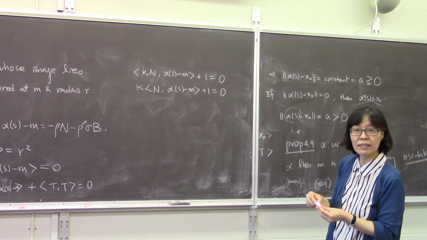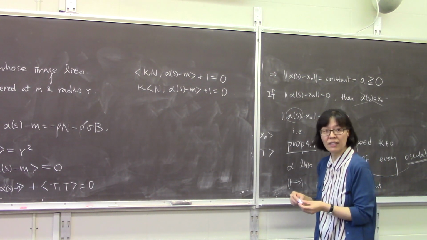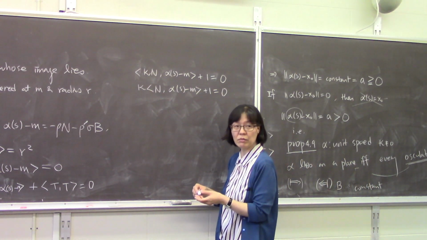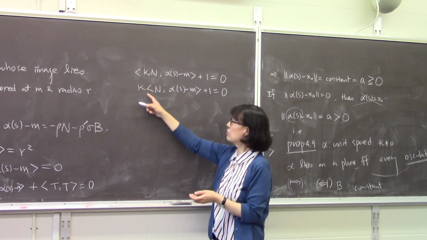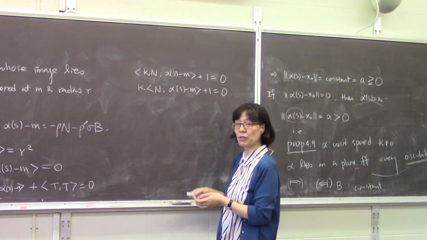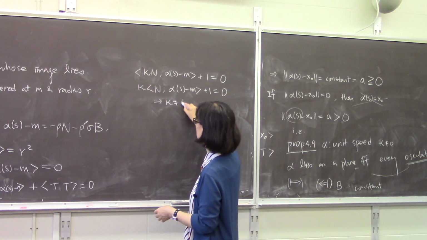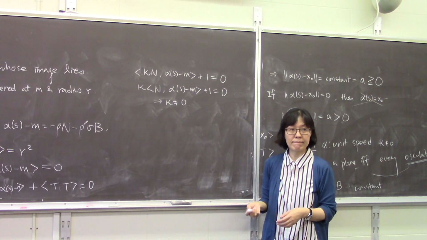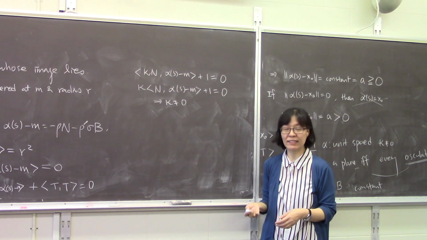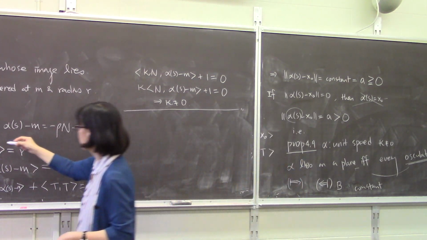Right? So, is it possible to have curvature kappa 0? No. If kappa is 0, we have 1 equals 0. So this expression says kappa is not 0.